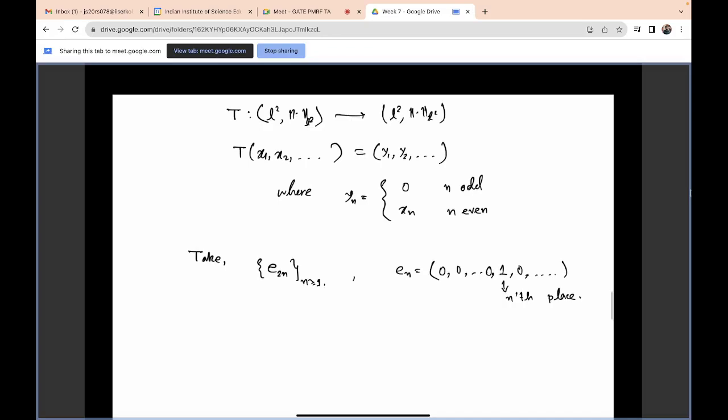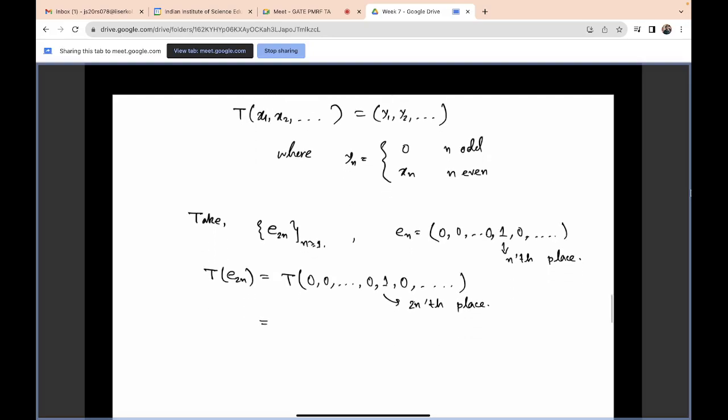Then what will be T of E2n? T of E2n: 0, 0, dot dot dot, 0, 1, 0, 0, dot dot dot, where the 1 is in the 2nth place. In all odd places it will map to 0, and in the even places it is all 0 except at 2n.